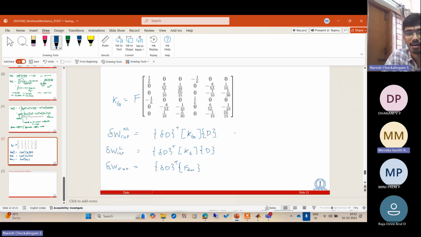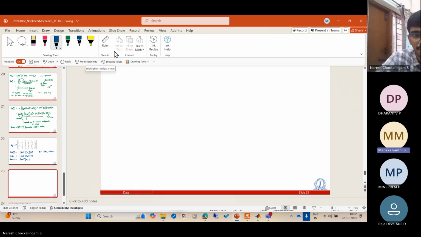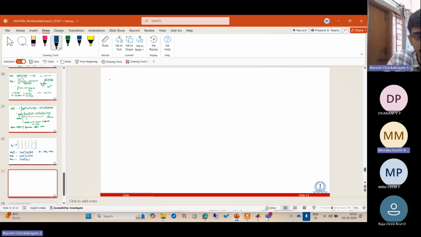So our residual is what? Our residual is external minus internal. Let me use small r because it is a scalar.